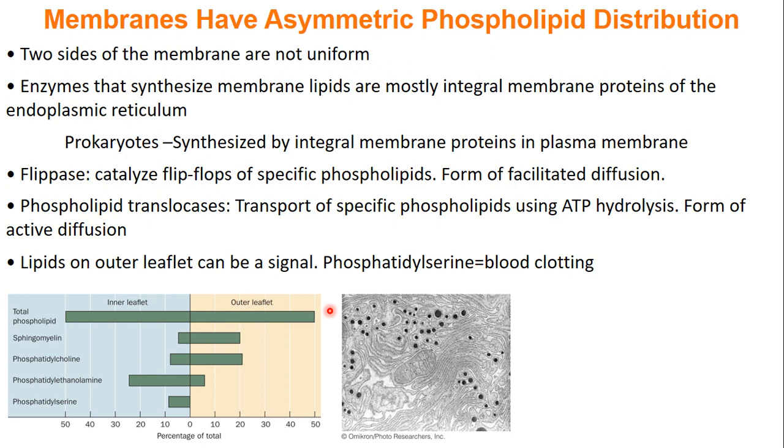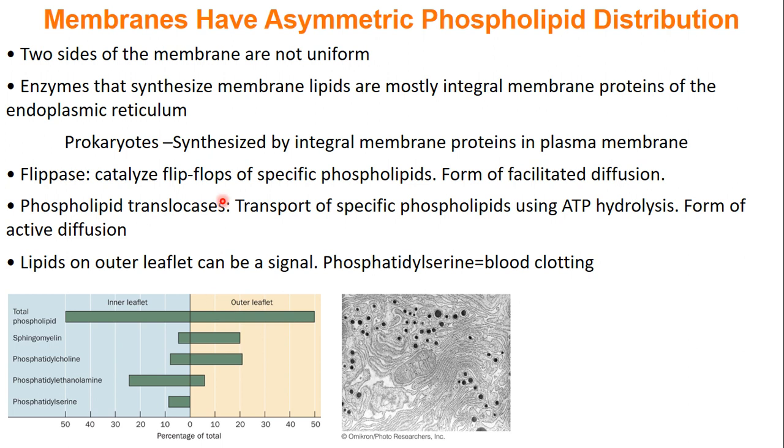Usually this is energetically unfavorable because the head group of the lipid has to pass through the hydrophobic part of the membrane. Not favorable. So we have a couple of enzymes that will move lipids from one side of the membrane to the other. One is flippase. It will take specific phospholipids and move them between the leaflets.